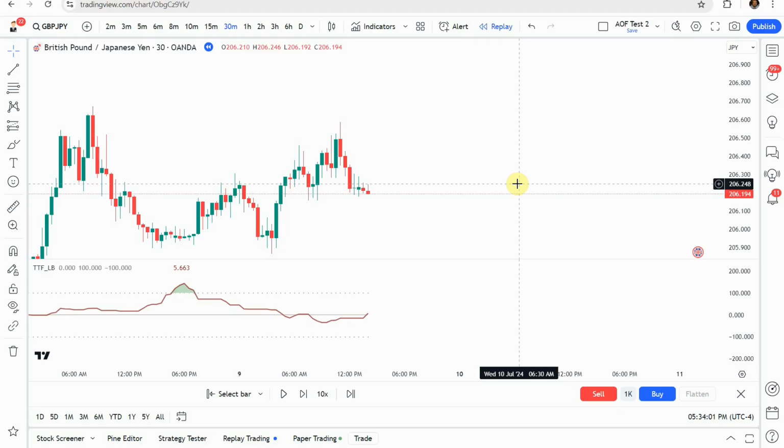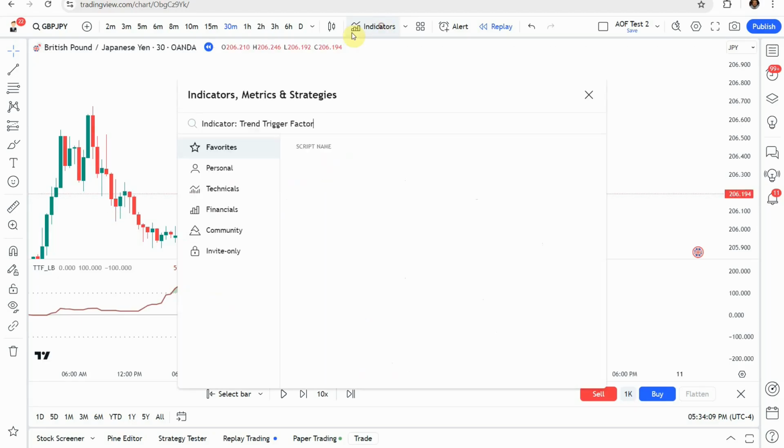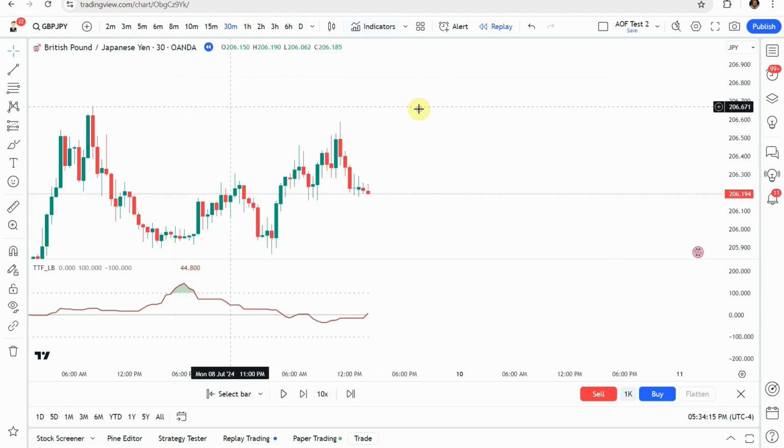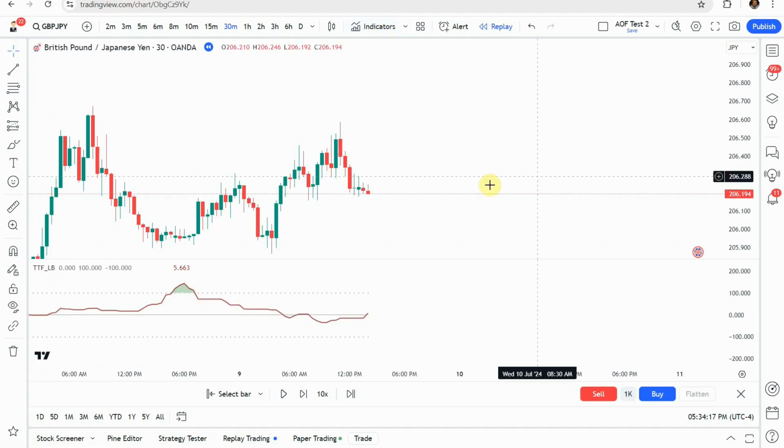The indicator we are testing, as you probably guessed, is the trend trigger factor indicator. If you type it in like this, it's going to be this one here by Lazy Bear. Go ahead and click on that and add it to the screen.